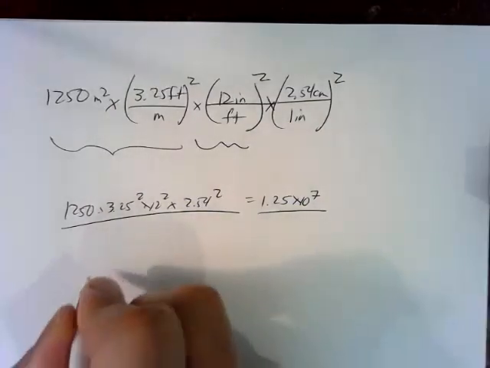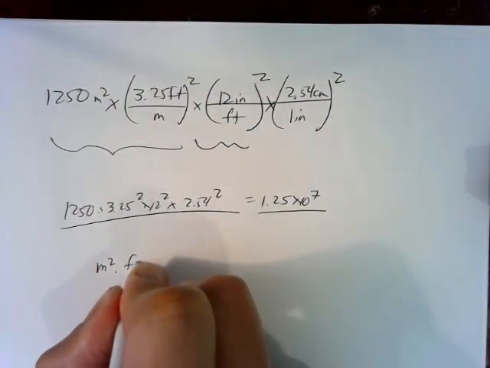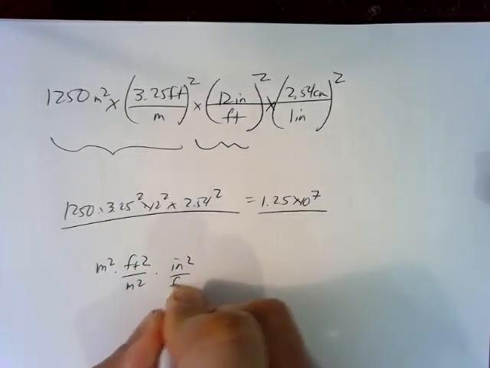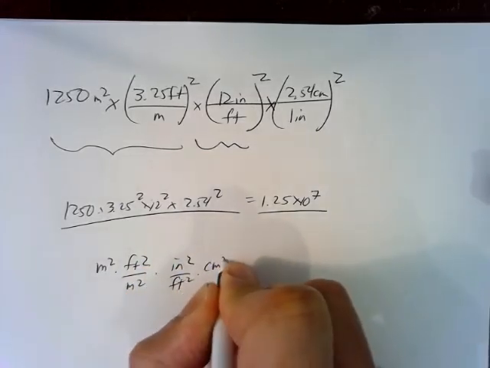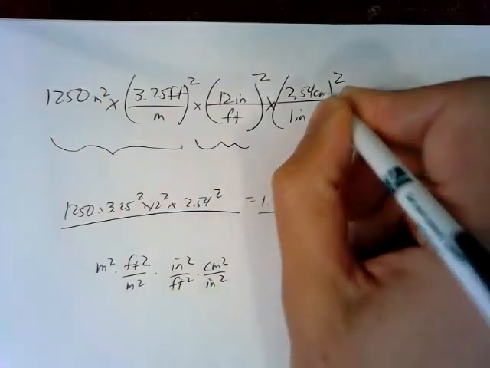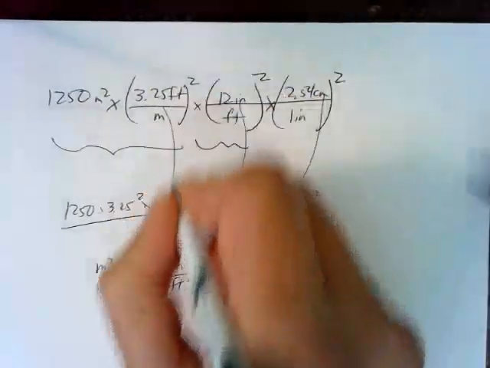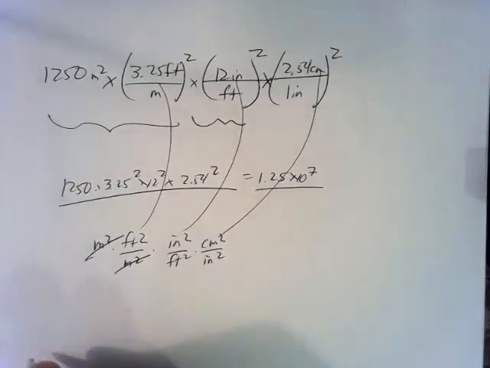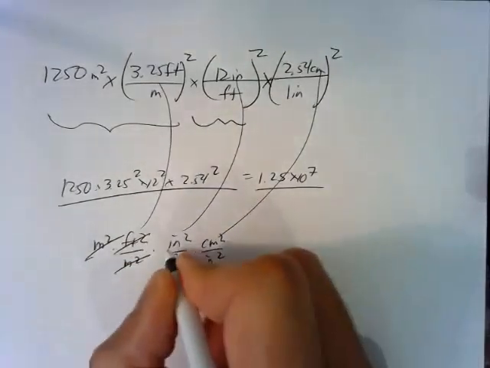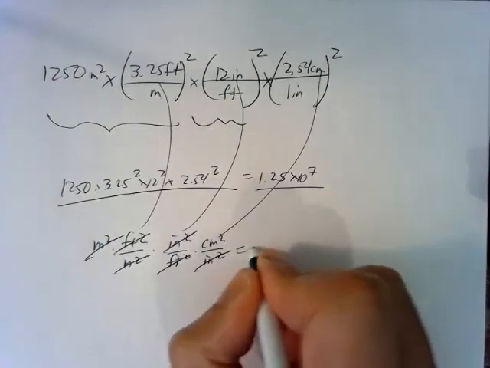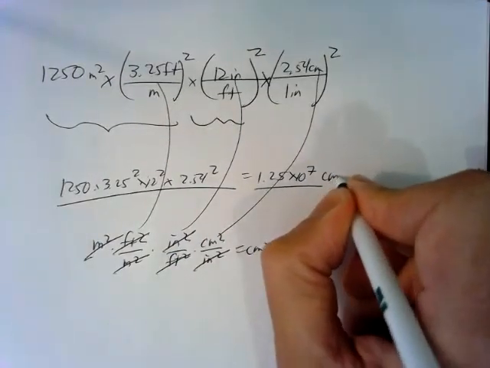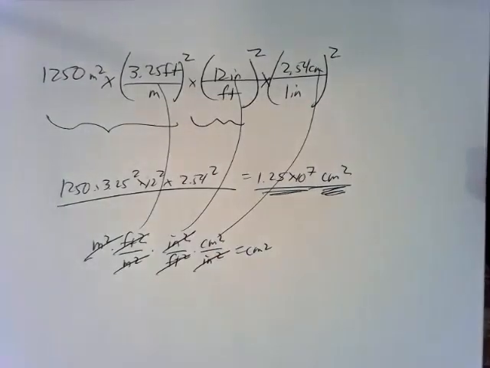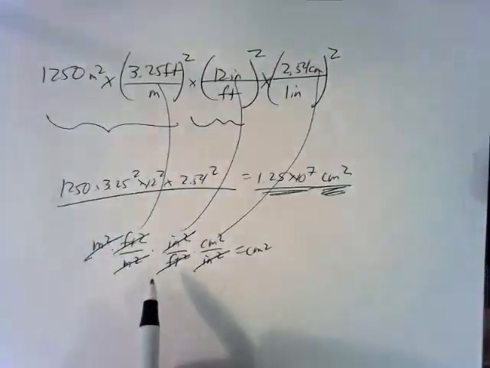Unit analysis now, we'd have meters squared times feet squared over meters squared times inches squared over feet squared times centimeters squared over inches squared. So all I'm doing is abstracting each one of those units. Meter squared cancels meter squared, feet squared cancels feet squared, inches squared cancels inches squared, and we've got centimeter squared. So we know we have the right units that were asked for, and we know that we have the right number because we squared all of those terms.